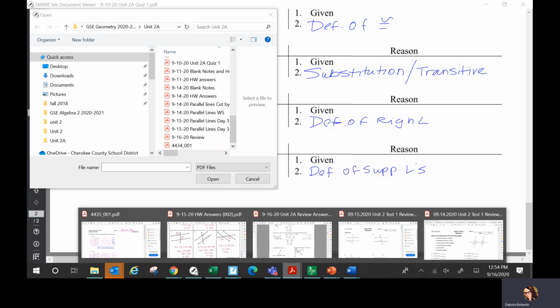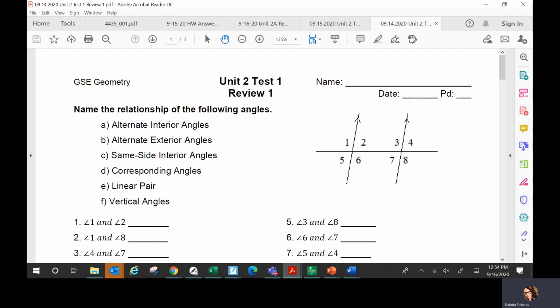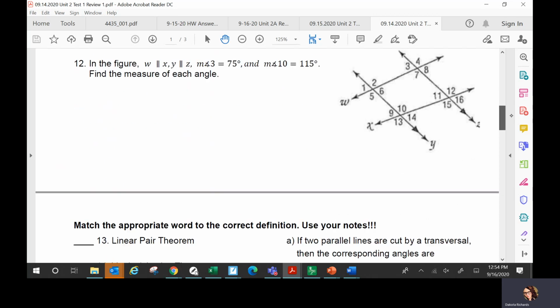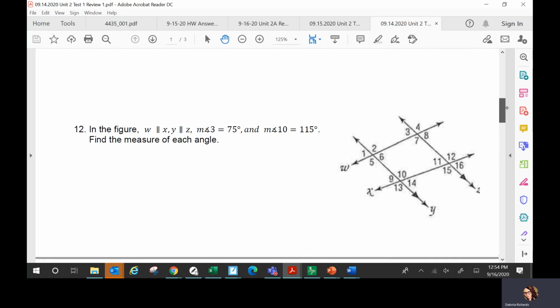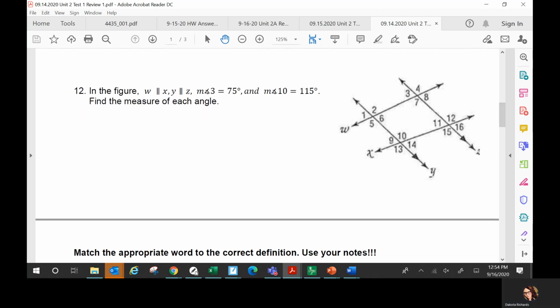Looking at your review, I can't write on this, but I can show you where it's at. If you go to number 12, where it says the measure of angle 10 is 115, that should say 105.